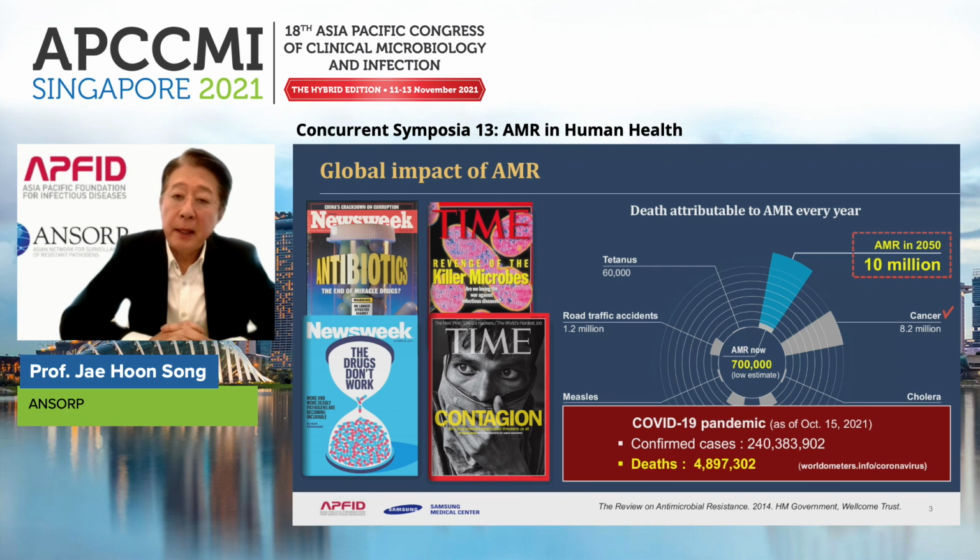The current COVID-19 pandemic has caused almost 5 million deaths worldwide. So if AMR continues to get worse, we will see a far more serious disaster of AMR infections than the current COVID pandemic in the future.